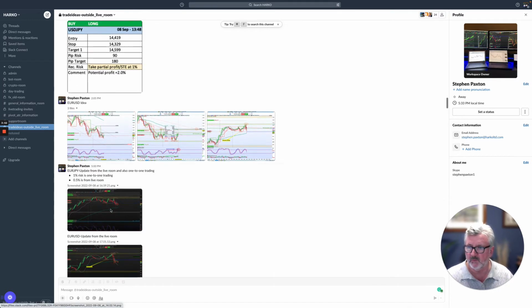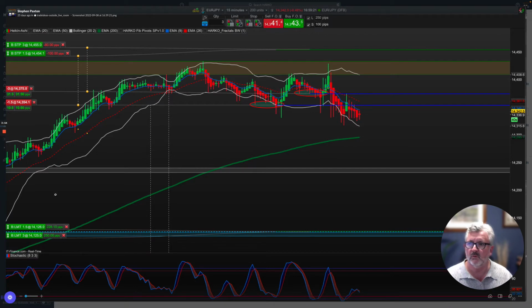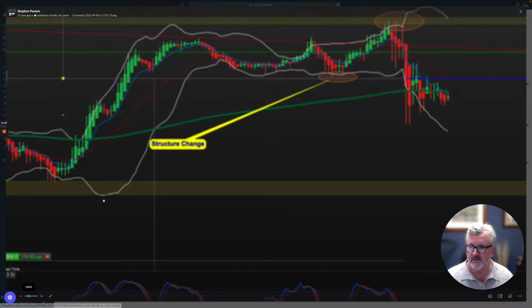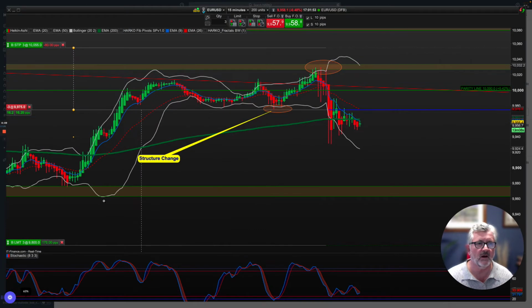Euro Japanese yen, very simple one there. We were trading through 15-minute bar breaks, and there were 2 entries in there going for some big trades. This is a confirmation update. First target completely hit, second target coming down.